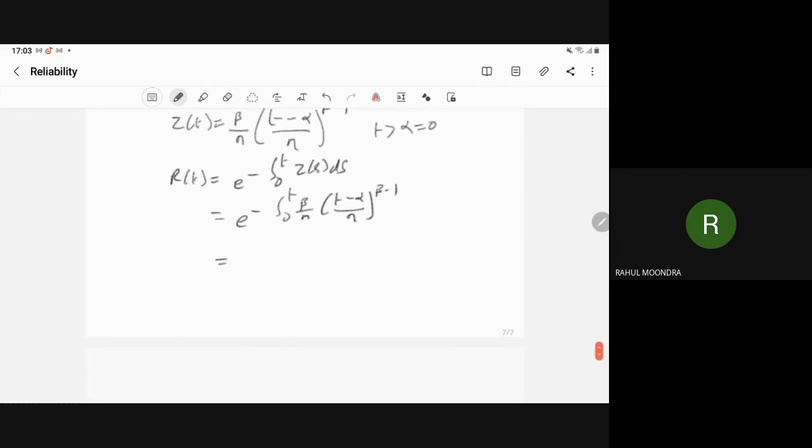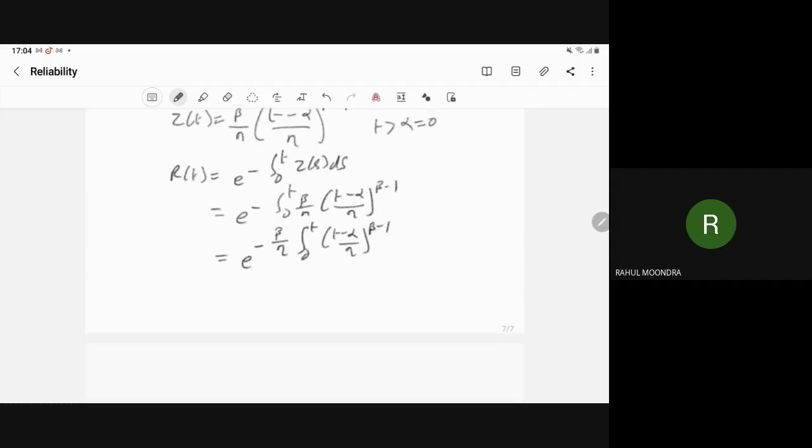So this can be written as e to the power beta upon eta, which you can take common, times the integral 0 to t of (t minus alpha upon eta) to the power beta minus 1.